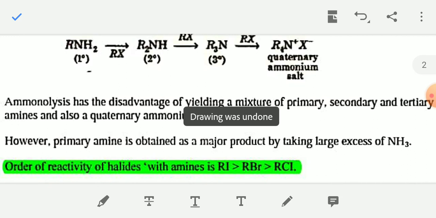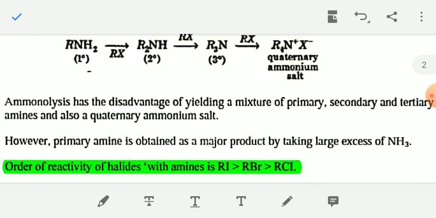By ammonolysis reaction, you can get a mixture of primary, secondary and tertiary amines. So this is the disadvantage of ammonolysis reaction. However, if you want to get only primary amine, you have to take a large excess of ammonia.